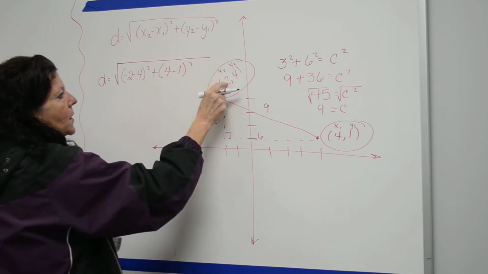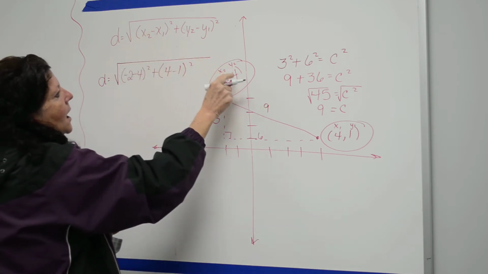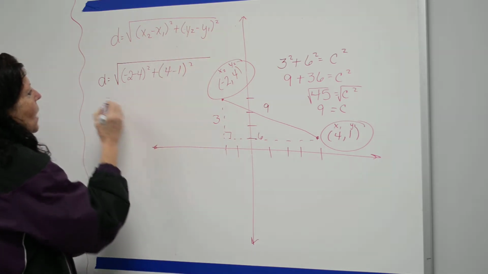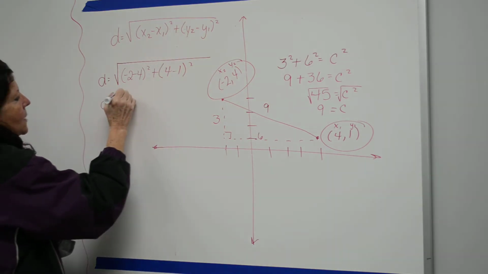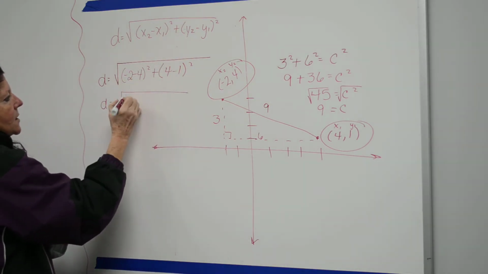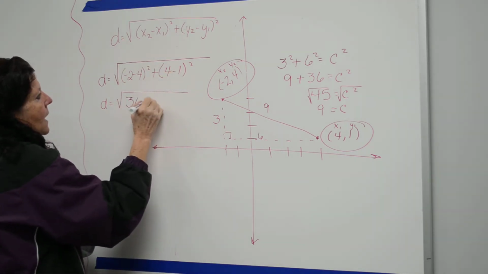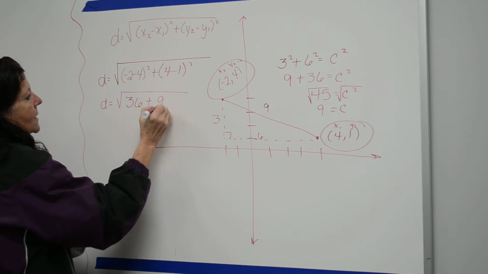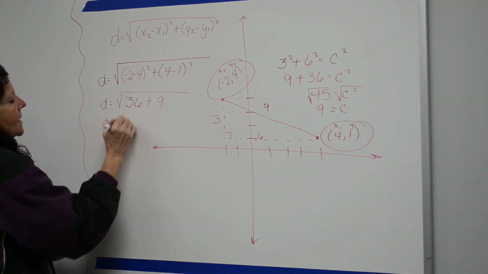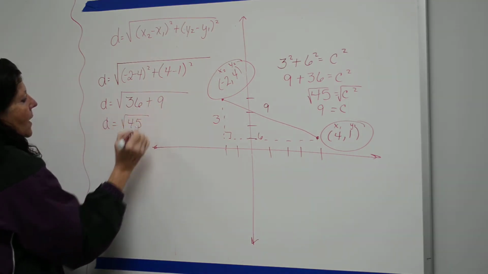If I start with this one with my x, I must start with this one with my y. So the distance is equal to -6 squared, which is 36, plus 4 minus 1, which is 3. 3 squared is 9. So the distance is the square root of 45.